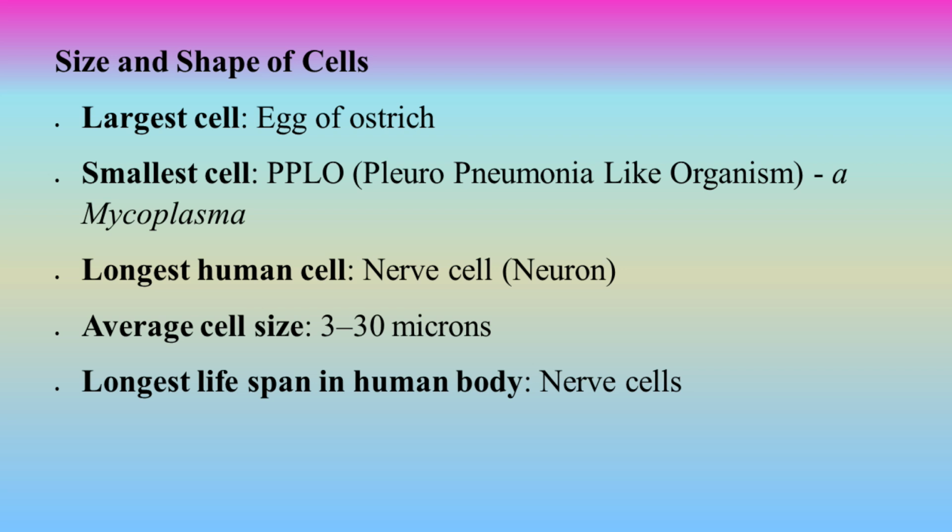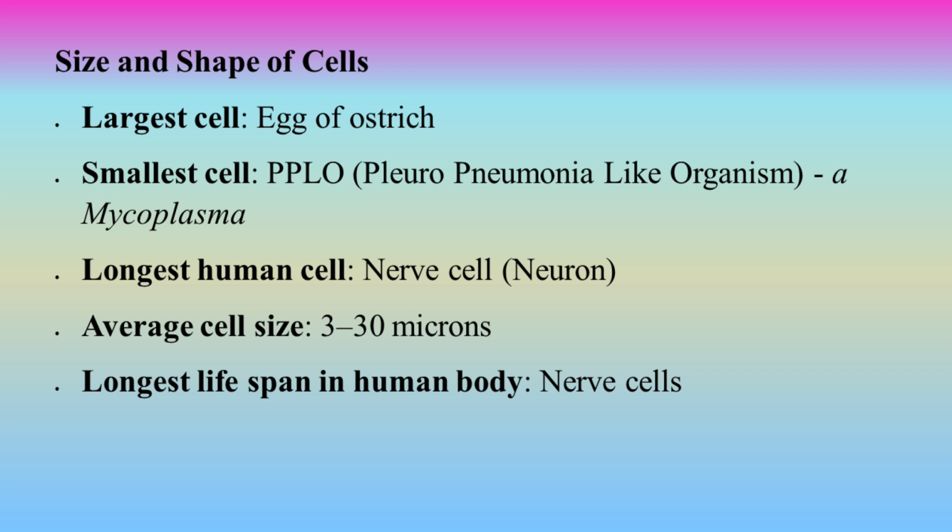Size and shape of cells. Cells come in different shapes and sizes depending on their function. The largest cell known is the ostrich egg. The smallest cell is PPLO, pleuropneumonia-like organism, a kind of mycoplasma.